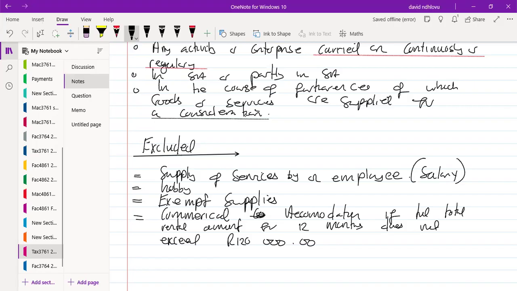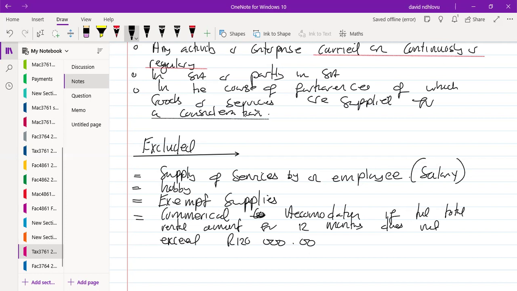It is different from residential, when you provide lodgings for an individual. That's residential. So here we're talking about commercial accommodation. If your total takings from rent for 12 months does not exceed 120,000, then whatever you are doing does not qualify to be defined as enterprise, which means it will not attract VAT.